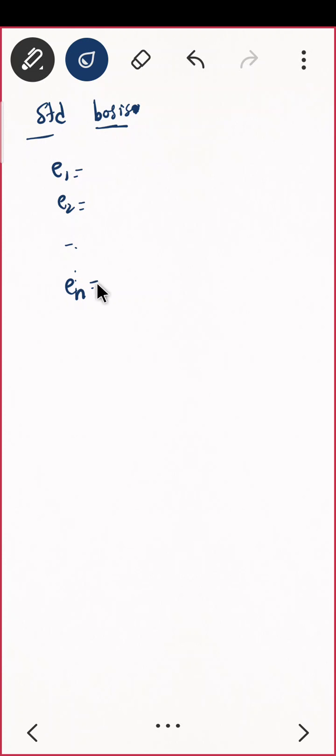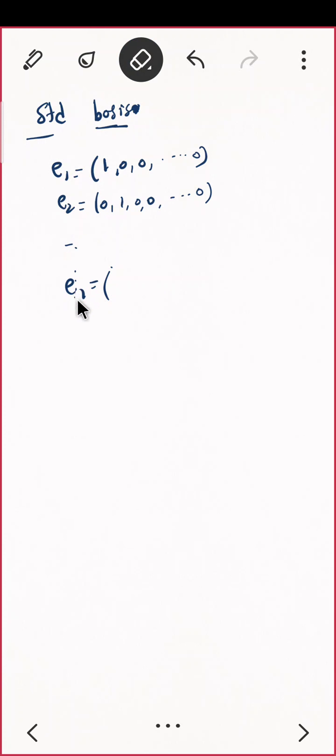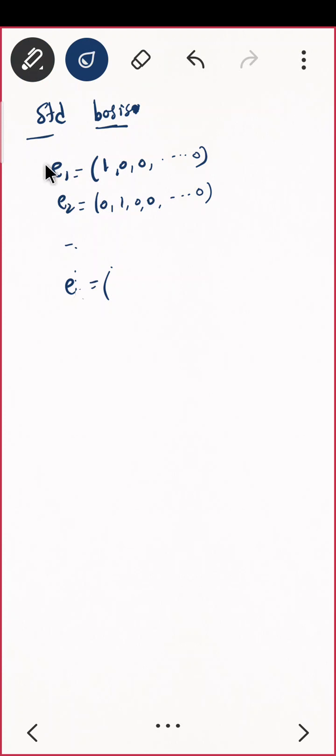That is e1, e2, up to en. What is e1? It is 1 0 0 0. What is e2? 0 1 0 0, like this. What is en? Or if you want to write ei before going to n, that means what? 0 0 1 0 0 0, everybody.